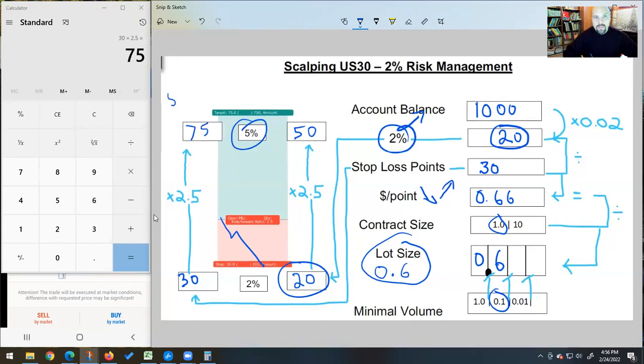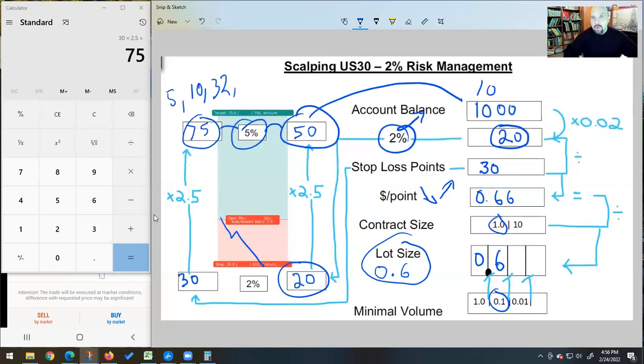So if you get 5 points in one trade, 10 points, 32 points, however, once you hit 75, you know you got your 5%. And once you get your 5%, you know you got $50. And when you got $50, you grab that baby, slap it over here, and guess what? Now you're gonna have 1,050. And then you go through calculations again for the next day.